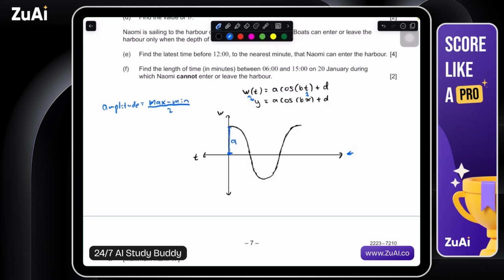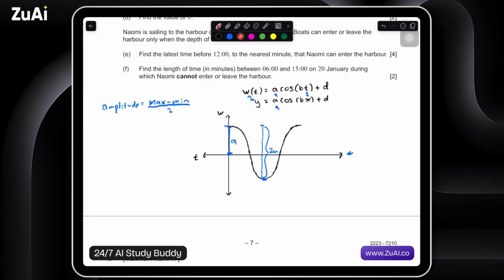Max minus min gives the distance from the highest point to the lowest point. This would of course give us 2a, but we don't want 2a, we just want a. So amplitude is max minus min over 2, and that's what this value of a corresponds to.